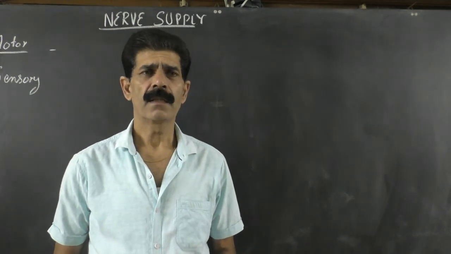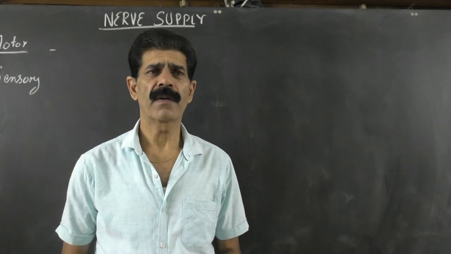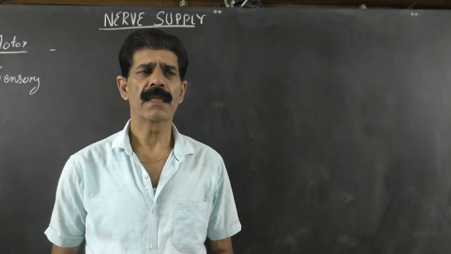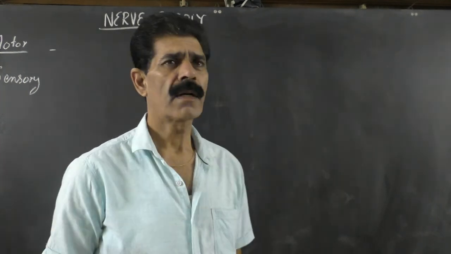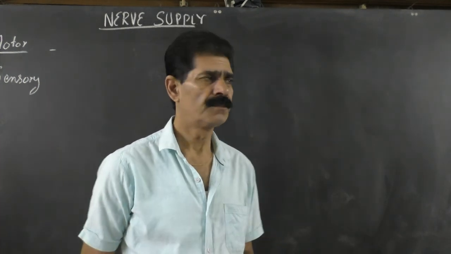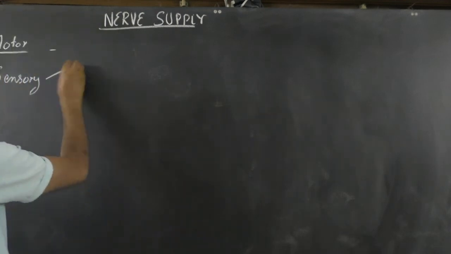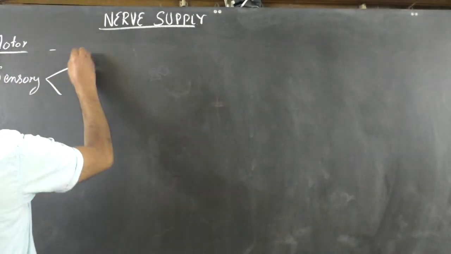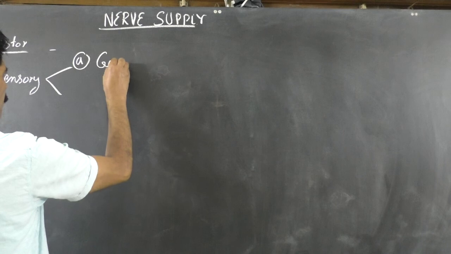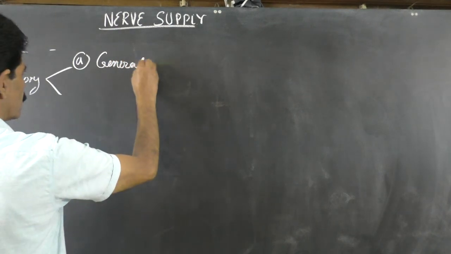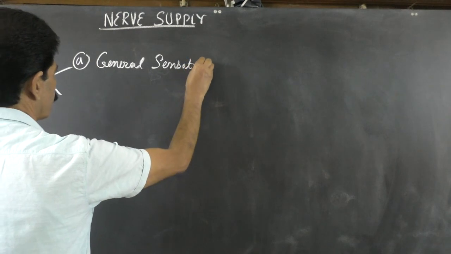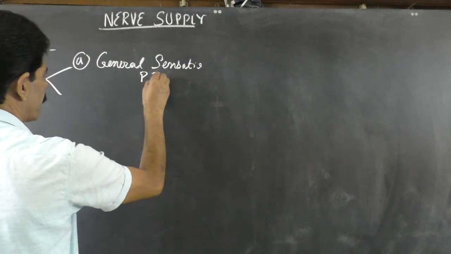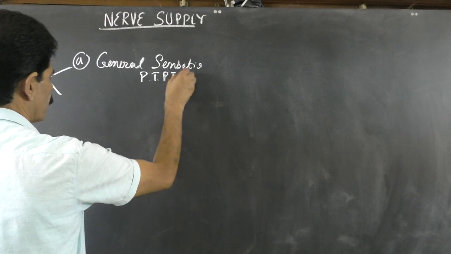So there are two types of sensations from the tongue: the general sensations, and the special taste sensations, or what is called the taste pathways. Number one is the general sensation, that is pain, temperature, pressure and touch.